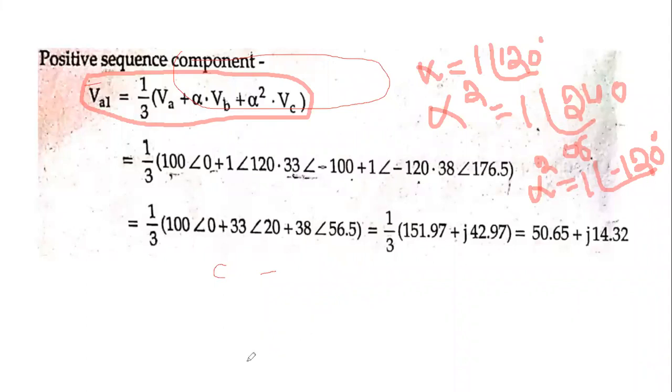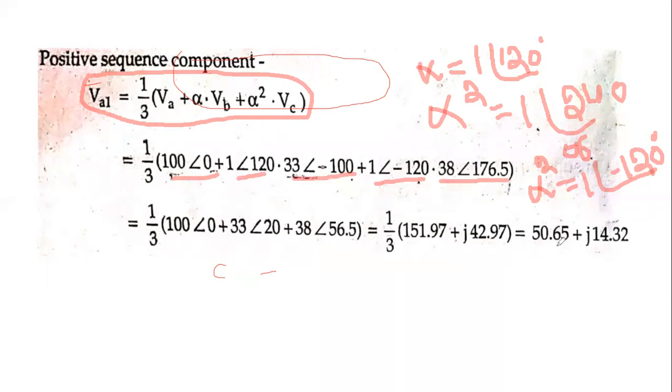Then we substitute VA equal to 100 at an angle of 0 plus alpha, which is 1 at an angle of 120, into VB, which is 33 at an angle of minus 100, plus alpha square, which is 1 at an angle of 240, into VC, which is 38 at an angle of 176.5.